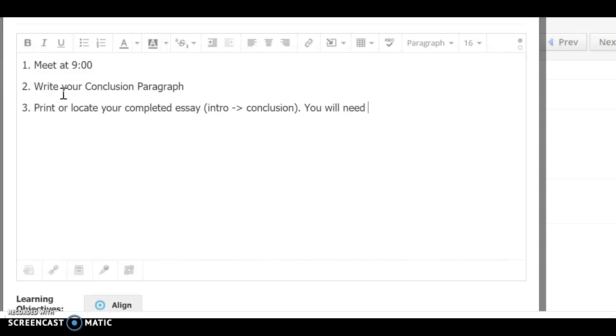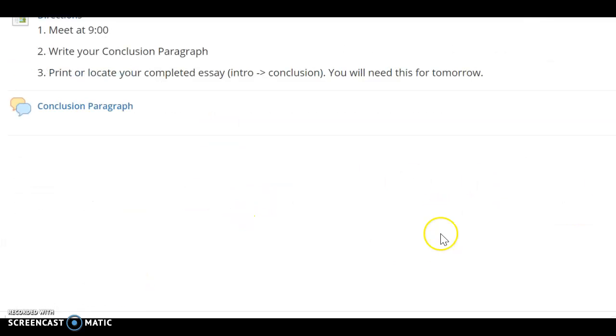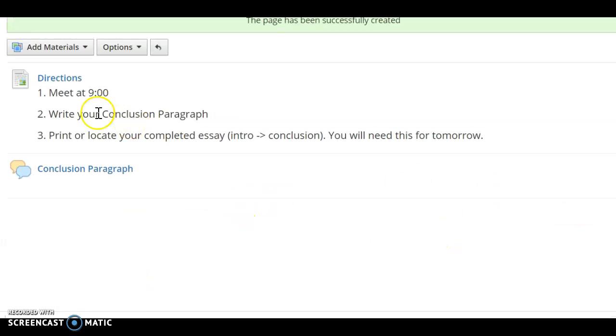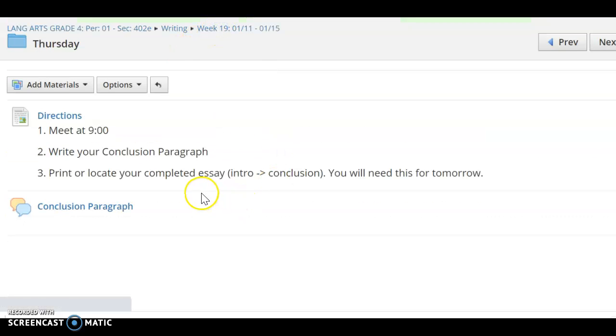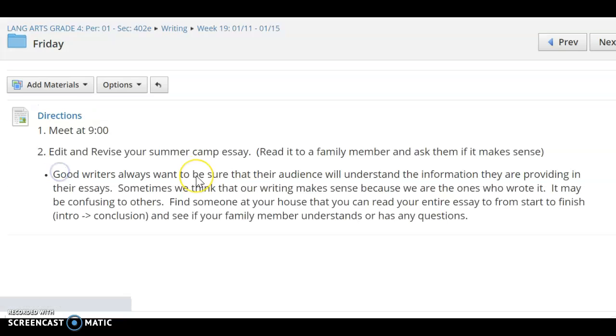You will need this for tomorrow. Okay, so now you can see that added in there. After you complete your conclusion paragraph, then again, you want to print or get all of those pieces together for tomorrow.